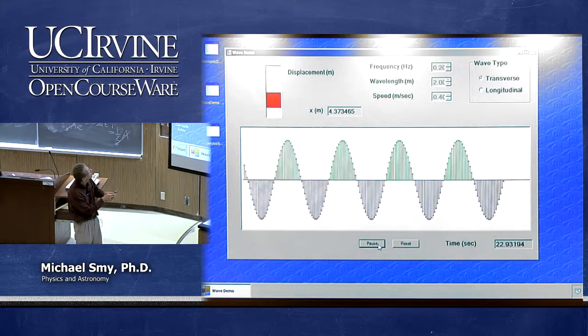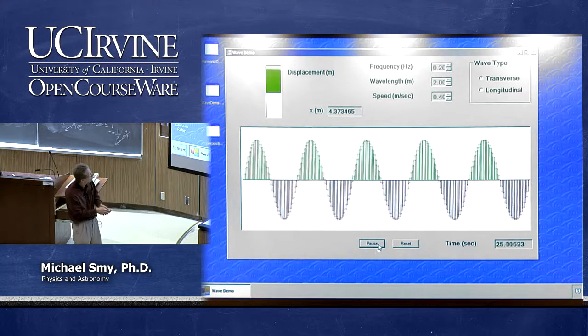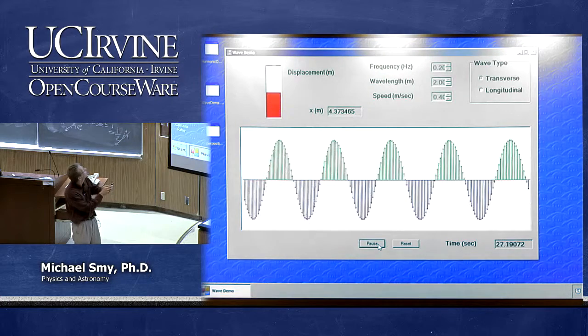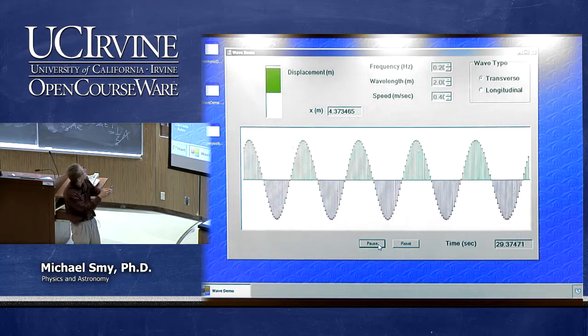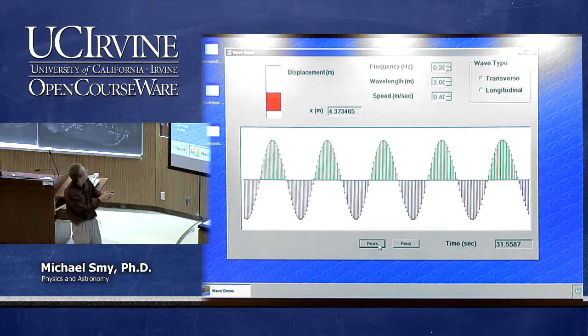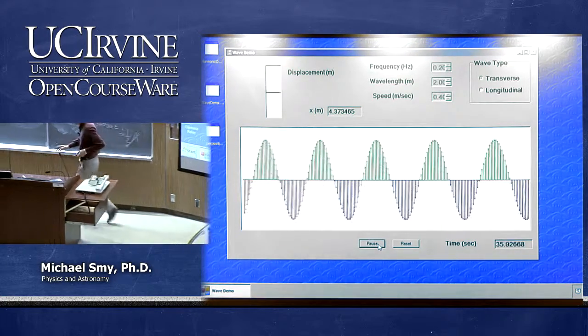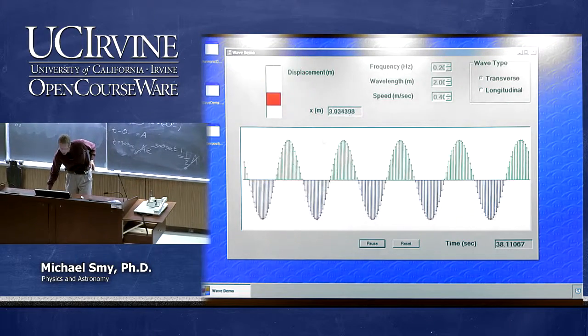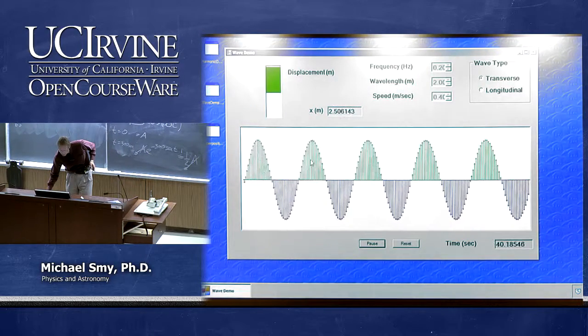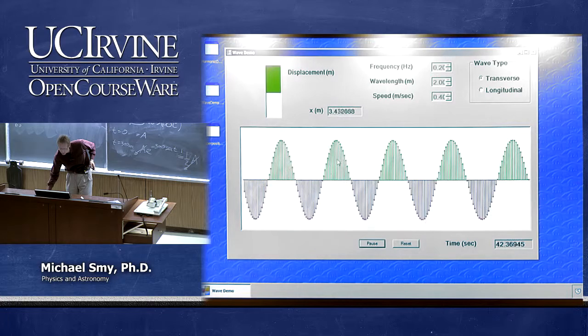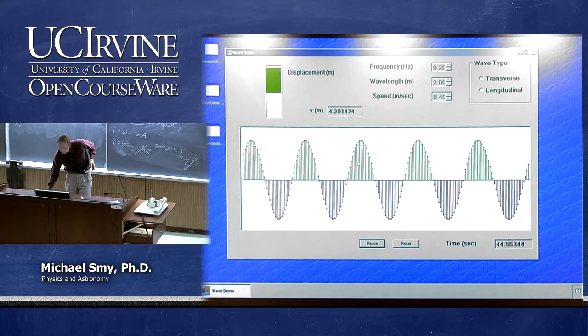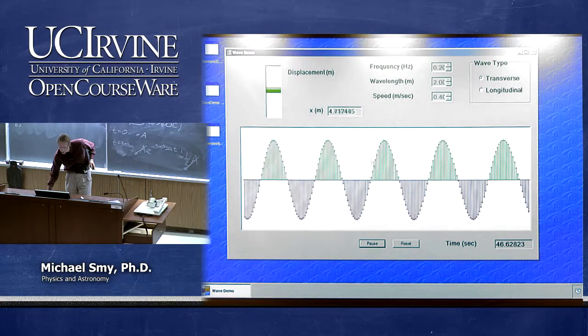In fact, you see this for one particular value of x, which is given by the cursor here. It changes between up and down. And I can try and follow this crest of the wave with the mouse, and you see that the displacement remains approximately constant, but at a different position each time.